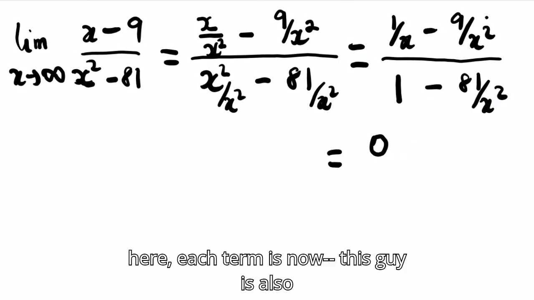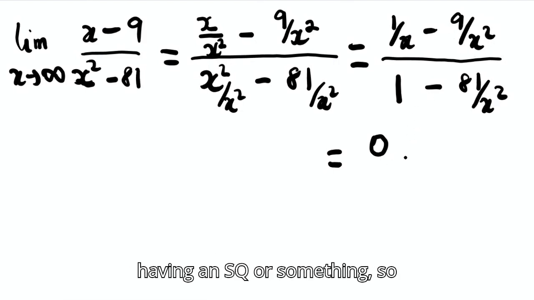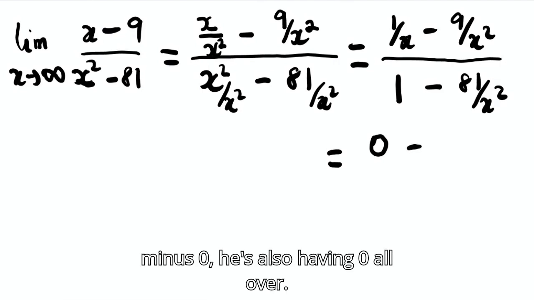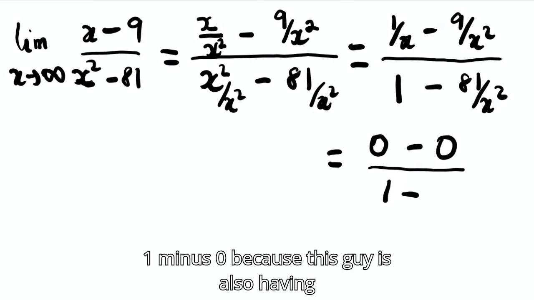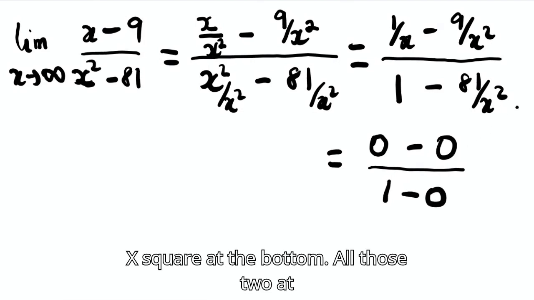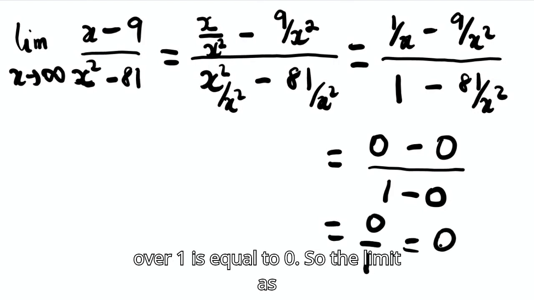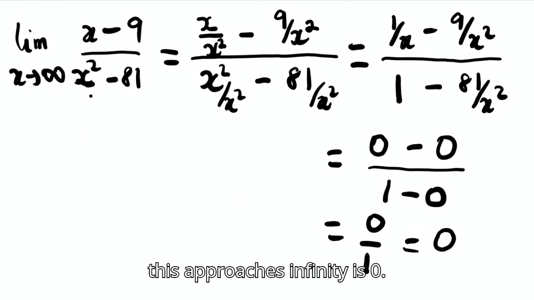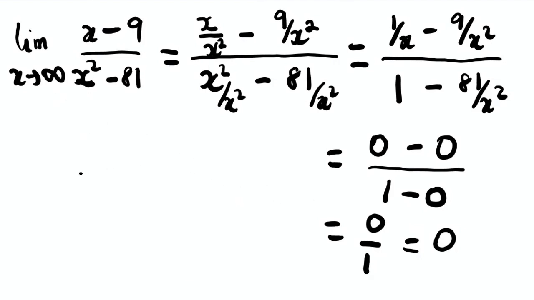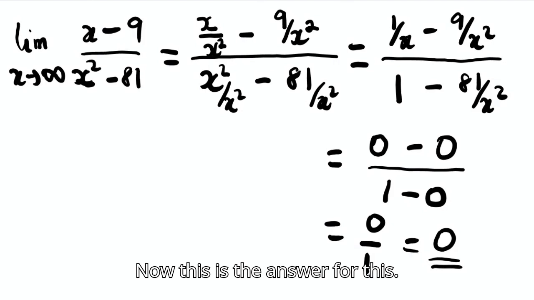So this one is also having x squared at the bottom, so it is 0 too. We have 0 over 1 minus 0, and at the end of the day, 0 over 1 is equal to 0. So the limit as x approaches infinity is 0. Now this is the answer for this.